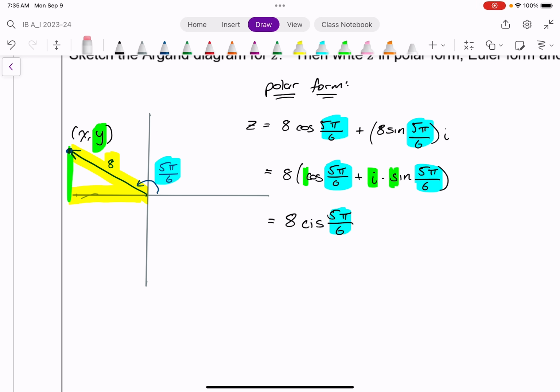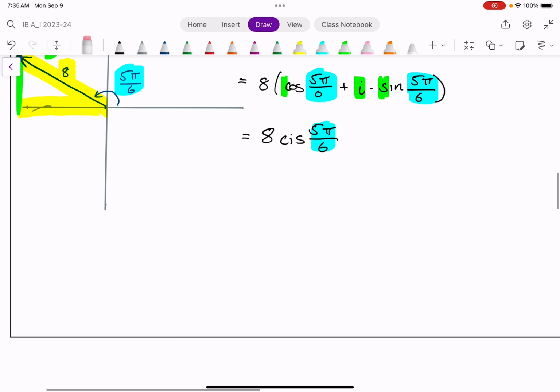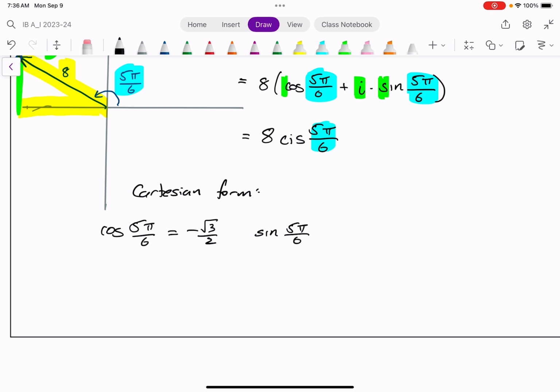If I want it in Cartesian form, I need to actually evaluate the cosine of 5 pi over 6 and the sine of 5 pi over 6. And so I want this in the Cartesian form. That's what we've seen before. Well, the cosine of 5 pi over 6 is negative root 3 over 2. And the sine of 5 pi over 6 is a half.